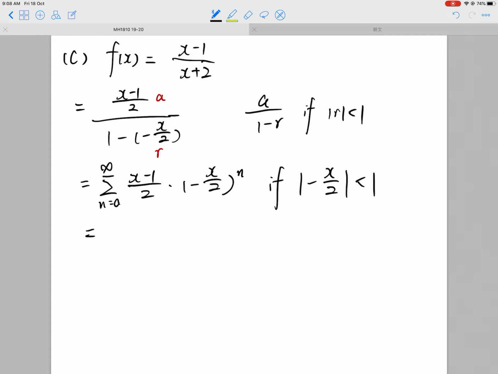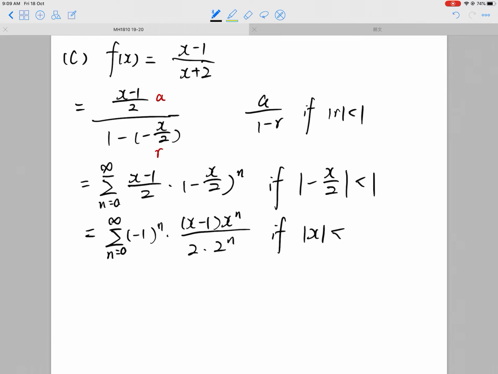So we can simplify this. It's x minus 1 times x to the power of n, over 2 times 2 to the power of n, if the absolute value of x is smaller than 2.